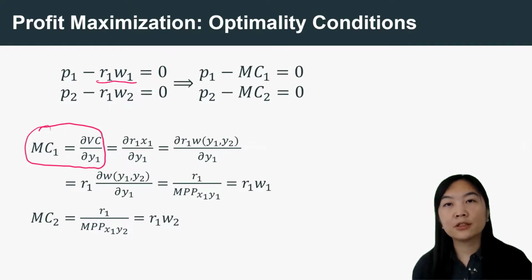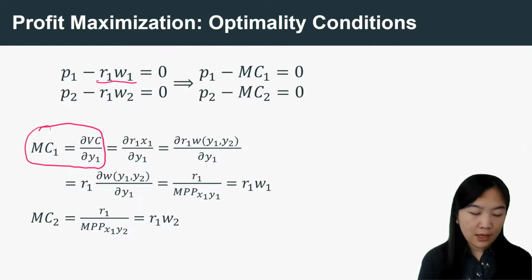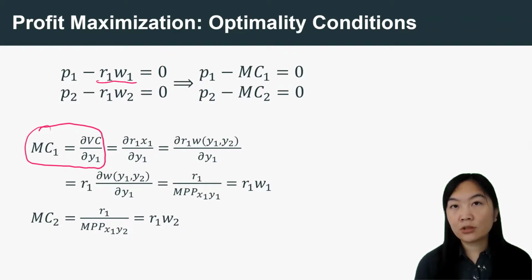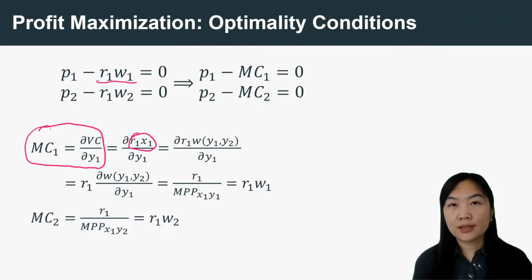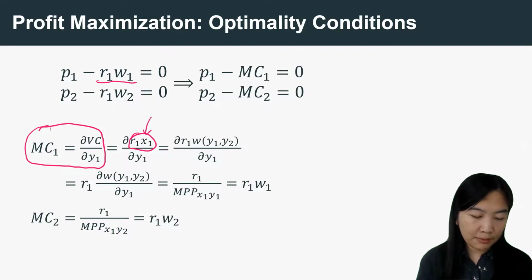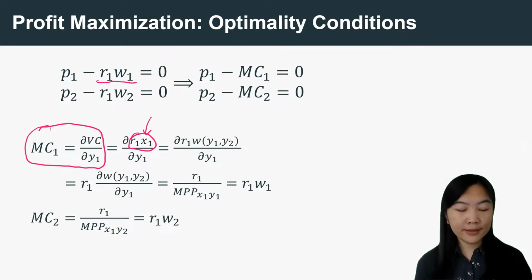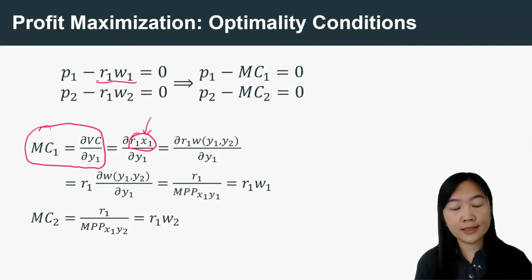But that's a little bit too advanced for this course. So I only cover two output, one allocable input case. I don't cover the two output, two input case. If that's the case, then it's not right to write the variable cost this way. But when there's only one input, then it's okay. So it makes our life much easier. So anyway, this is a variable cost.